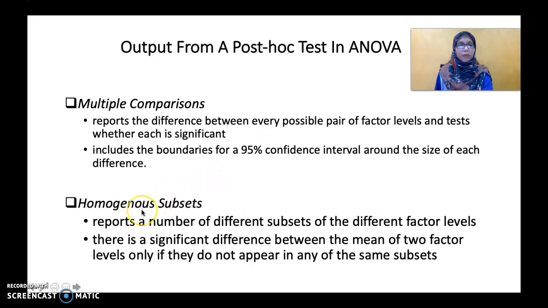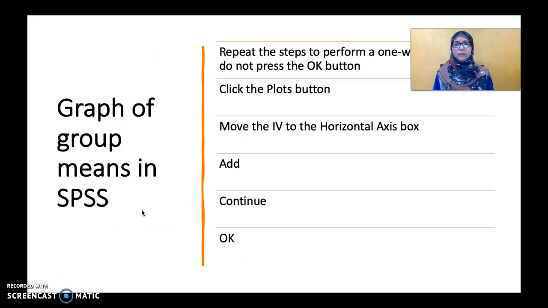And then there is a homogeneous subset, which reports a number of different subsets of the different factor levels. There is a significant difference between the means of 2 factor levels only if they do not appear in any of the same subset. So when you are reporting a post hoc test, you either report the multiple comparison only, or you can also report the homogeneous subset.